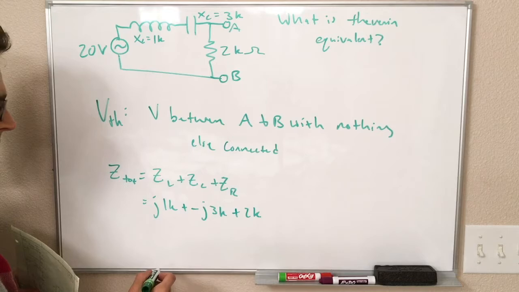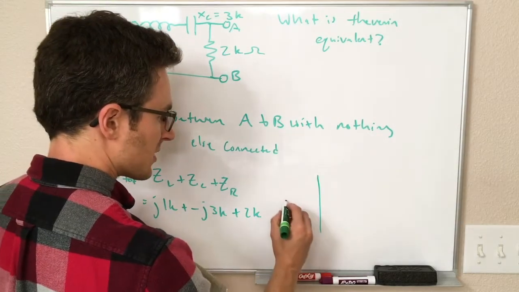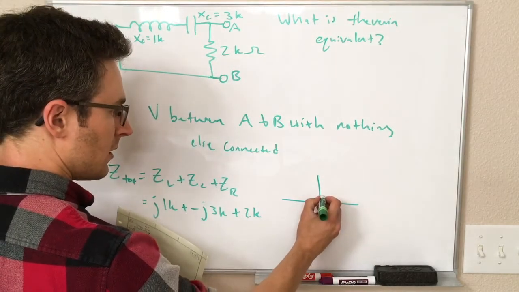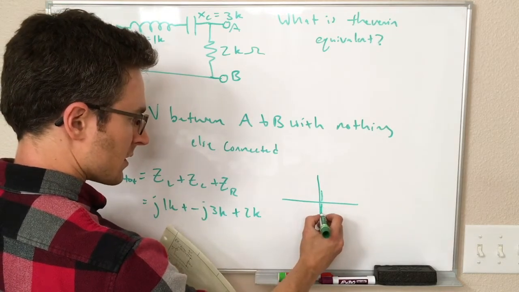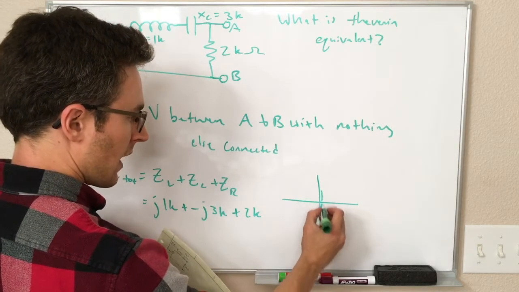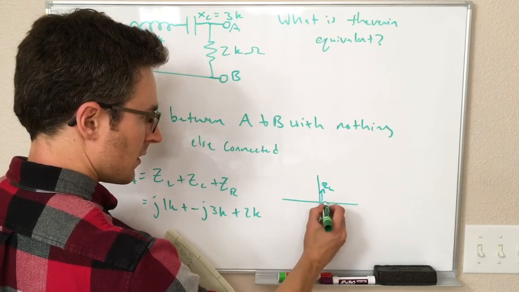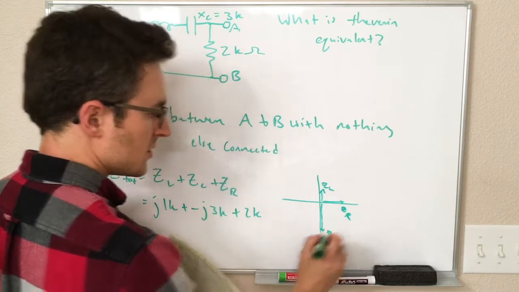So summing these up, I guess we don't usually do this. Let's just draw this on the complex plane. So our 3 impedances are 1K in the positive direction, 3K in the negative direction. So this is ZL, this is ZC, and this is ZR.